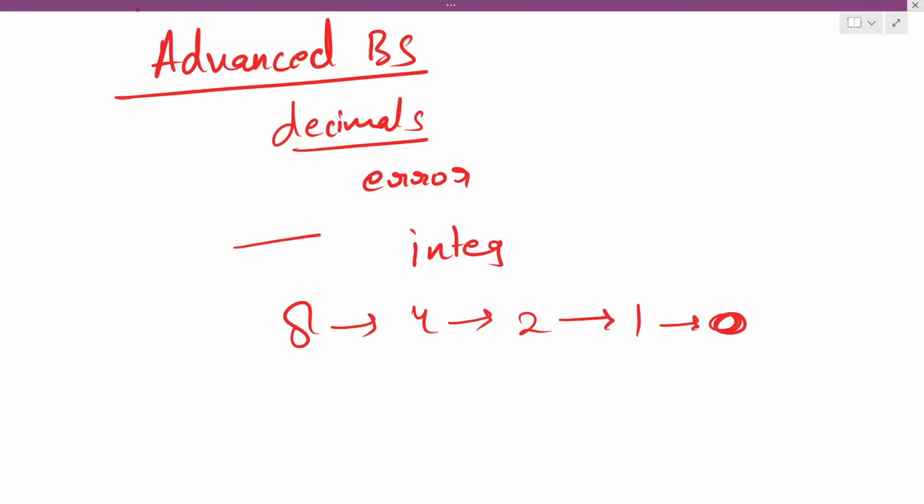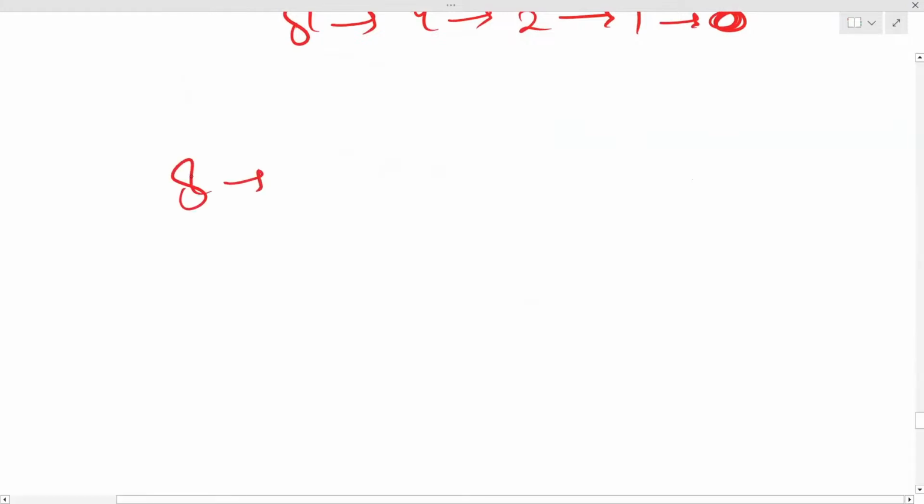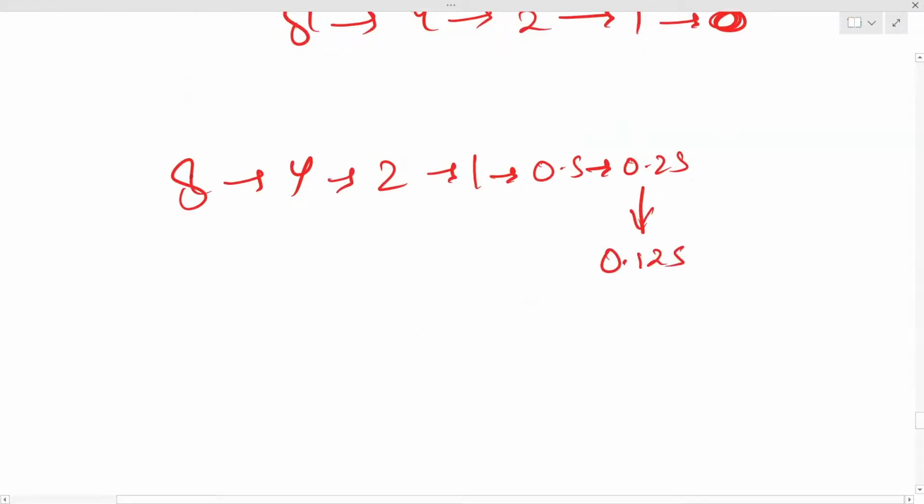But this is only valid for integers. With decimals, the range of 8 becomes 4, 2, 1, then 0.5, 0.25, 0.125, and you get my point. This is never ending.